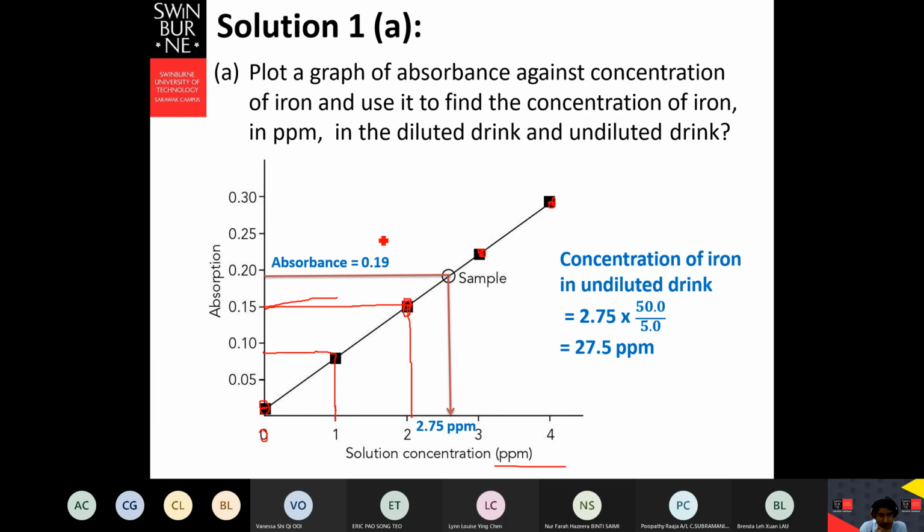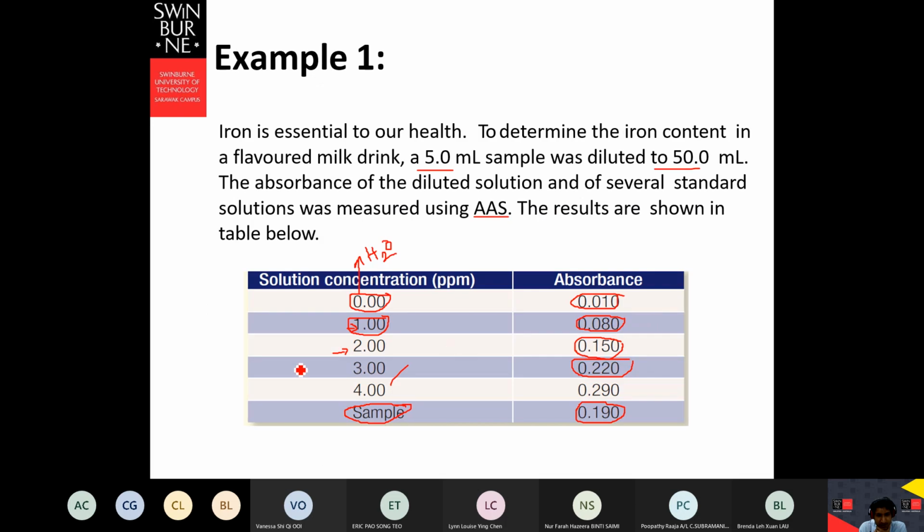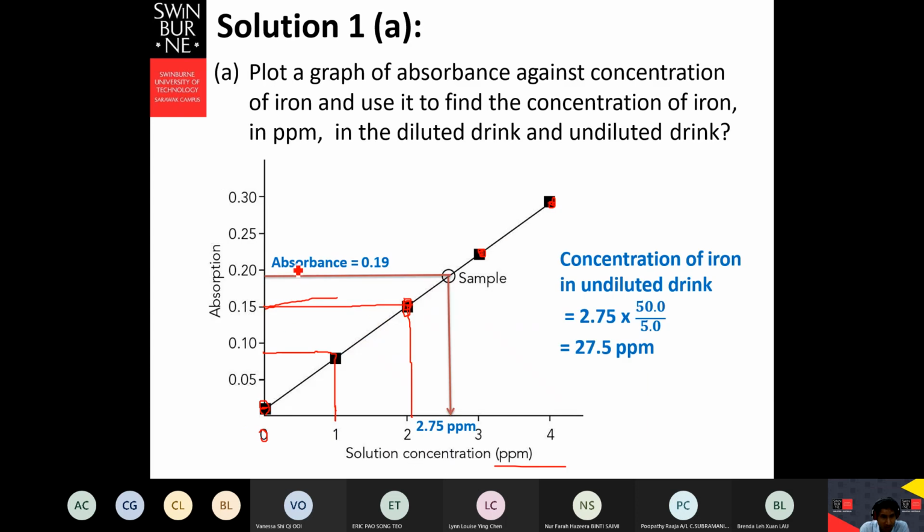Now for my unknown sample, I do not know the concentration, but I have the absorbance, 0.19. Before that, actually, all 4 or 5 standard samples I put, and then I join them with a line. This is the line I join, not necessarily join, but the closest line I can draw connecting all of them.